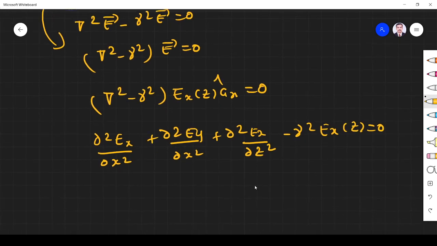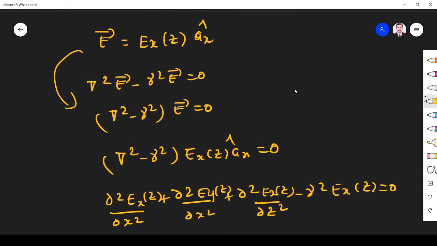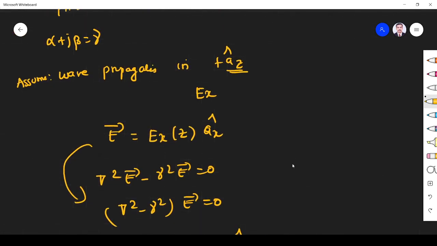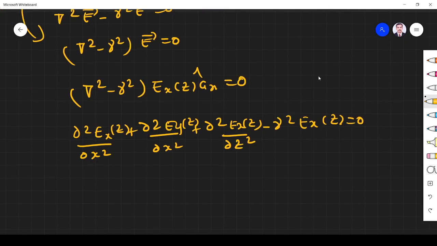We know that the electric field varies only in the x direction, so there is no change in y, and the wave propagates in z direction. Ex is a function of z.